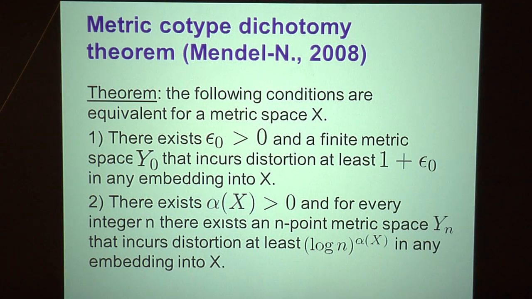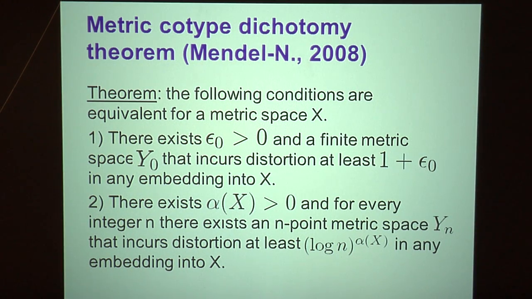So here is a theorem that we will see where it's coming from, and immediately, I will state, in my opinion, one of the most intriguing conjectures. So this is called the metric cotype dichotomy theorem. The word cotype will be completely explained in a few minutes, but for now, it's the following statement. So I give you a metric space, and I ask you, is it universal? So actually, there's a dichotomy.